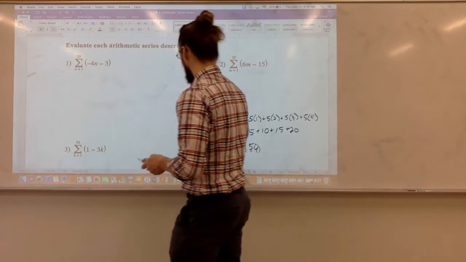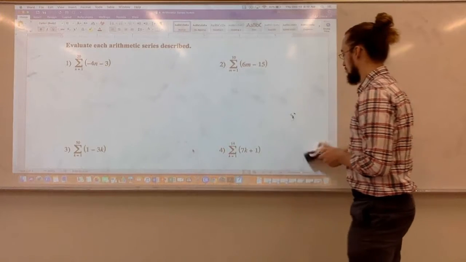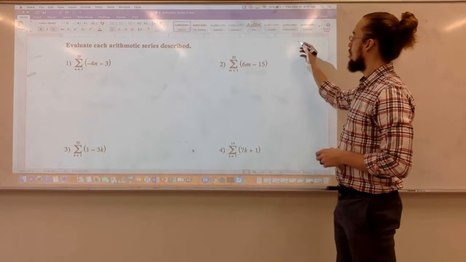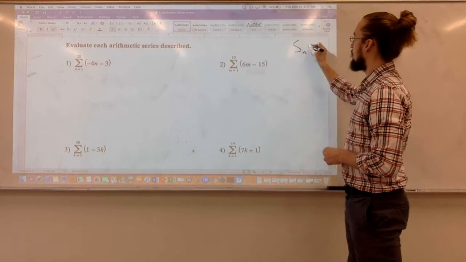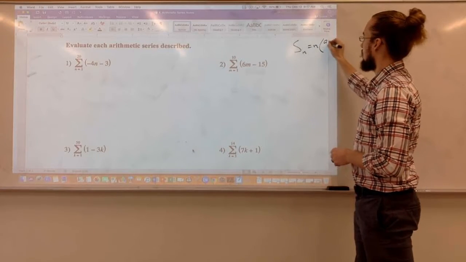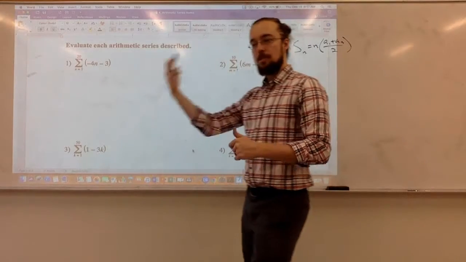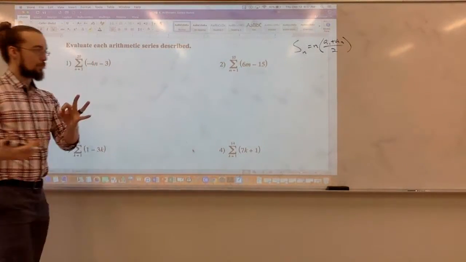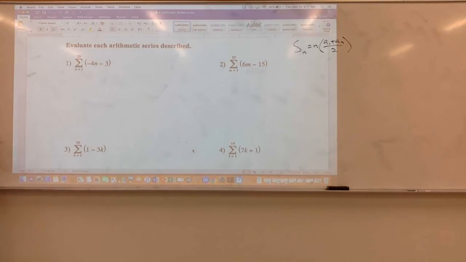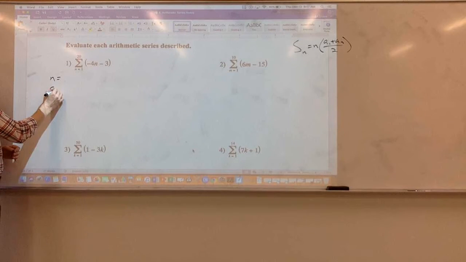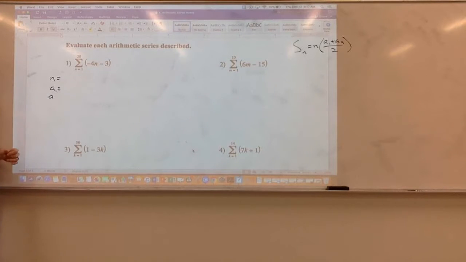Good thing we have a formula. I know that the sum of an arithmetic series looks like this. Same idea as what we did on the front. I need 3 pieces of information. I need n, I need a sub 1, and I need a sub n.